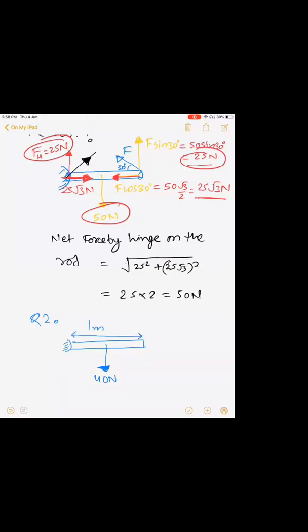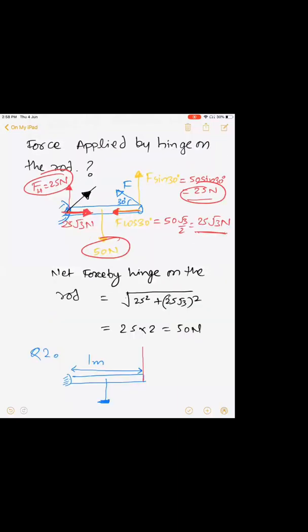Boys, there is a string also. This is a string. Now see, the question is: what is the force in the string?